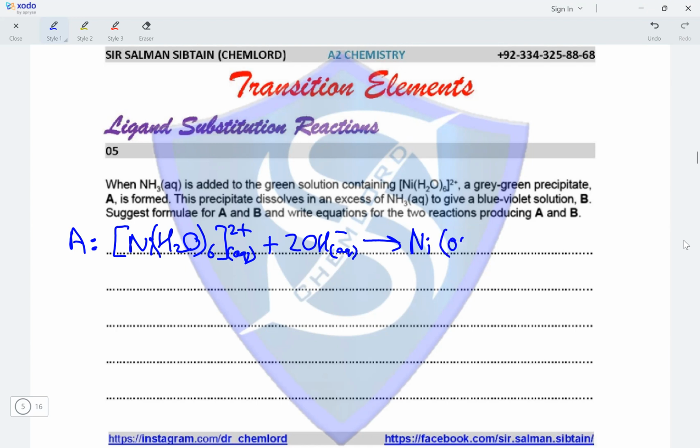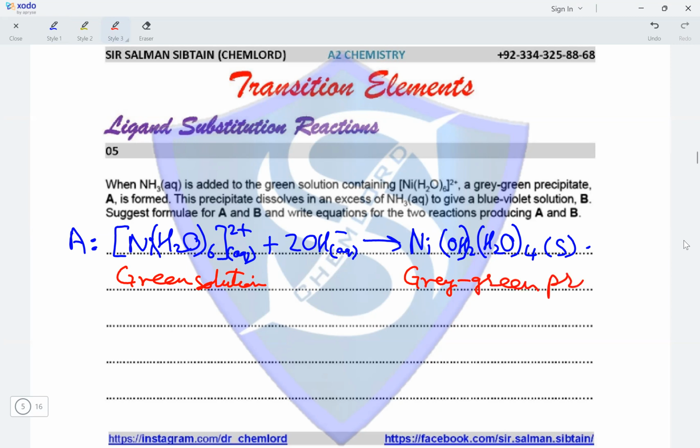So Ni(OH)2(H2O)4, and this is a solid, and this is the solid A. So the color changes are from a green solution to a gray-green precipitate.